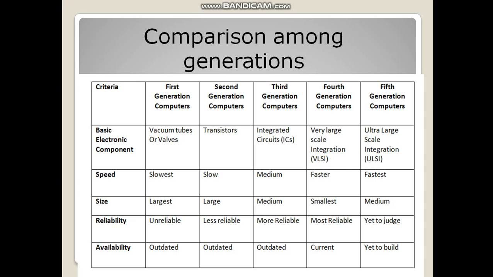Development of fifth generation computers is in process, and they use very large scale integration; they are fastest and medium in size, the reliability is yet to be judged because development is in process, and they are yet to be built.